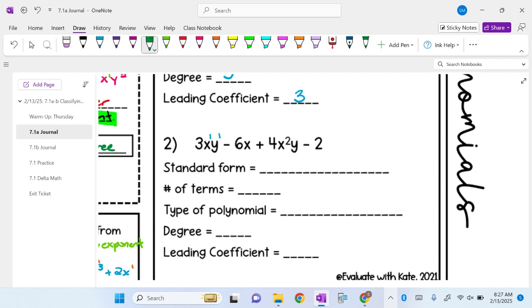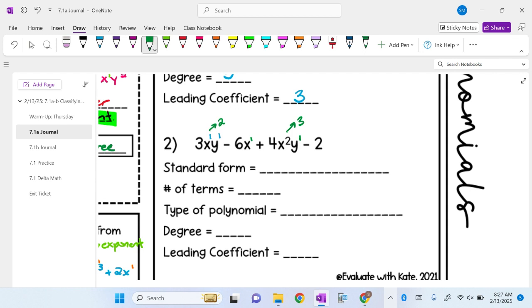So if I add them together, what's the degree? 2. 6x is just the 1, so it's by itself. Now, the 4x squared to the y, all right? Remember, the y has an unspoken 1. If I add those two exponents together, what would that degree be? 3. All right? And then the -2 is just the exponent of 0.